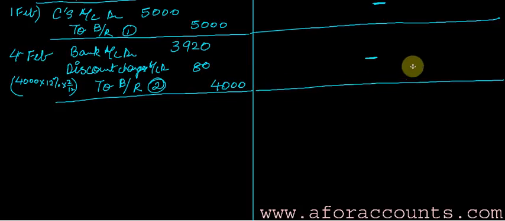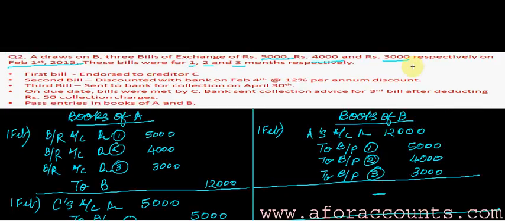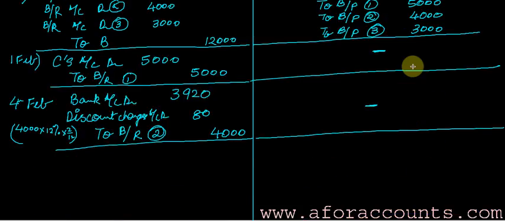Now let's read the question forward. Third bill sent to bank for collection on 30th April. Third bill is being sent to bank for collection. We have learnt in theory part that I send some bills to bank for collection for the safety part. So on 30th April, what entry should I pass here? I am sending some bills to bank for collection.